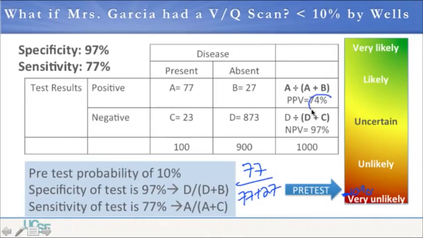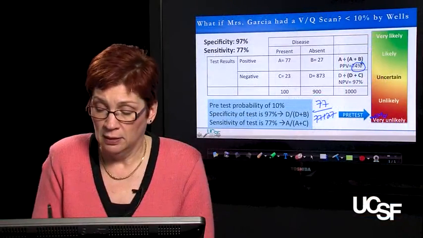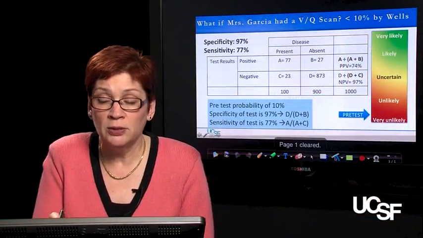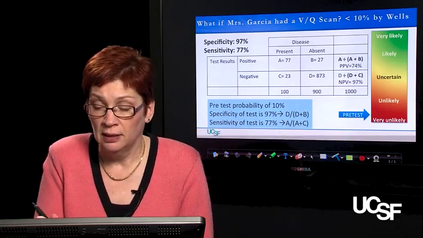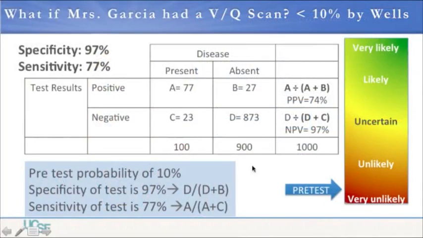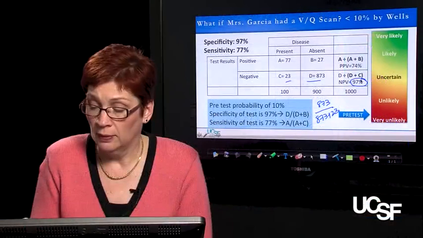And that comes out to 74%. And our post-test probability of health is D, 873, over 873 plus 23, all people who test negative for the disease, or 97%.